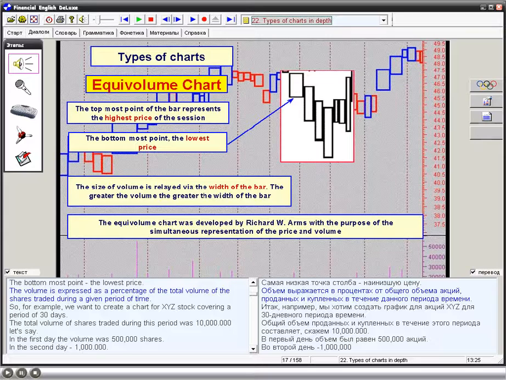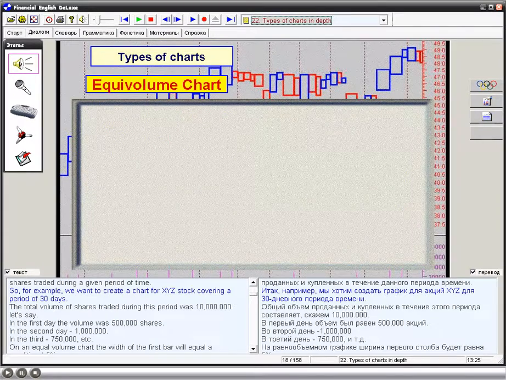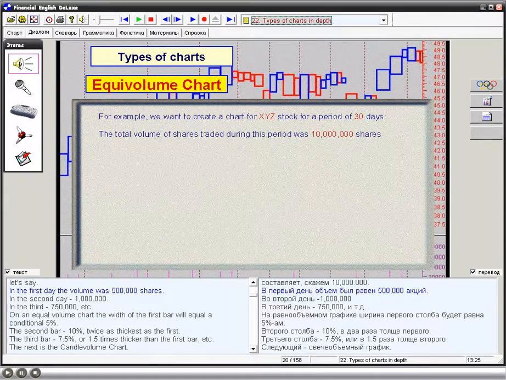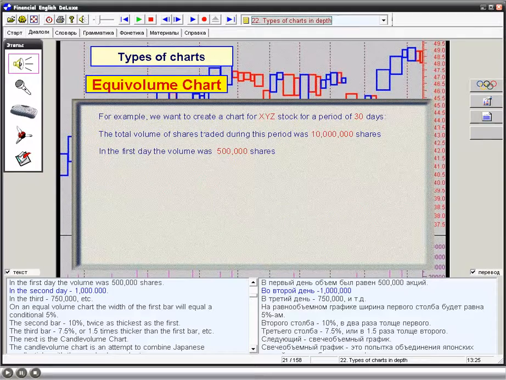The volume is expressed as a percentage of the total volume of the shares traded during a given period of time. So, for example, if we want to create a chart for XYZ stock covering a period of 30 days, the total volume of shares traded during this period was 10 million, let's say. On the first day, the volume was 500,000 shares.